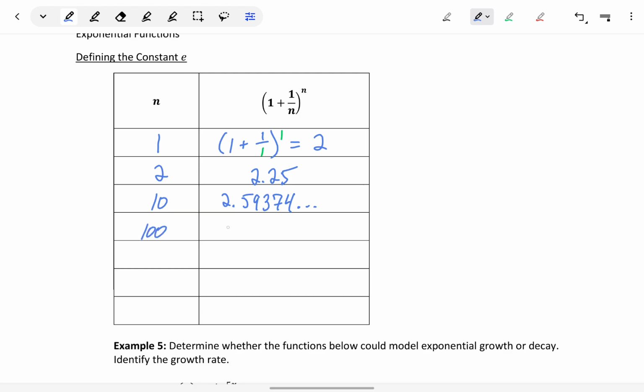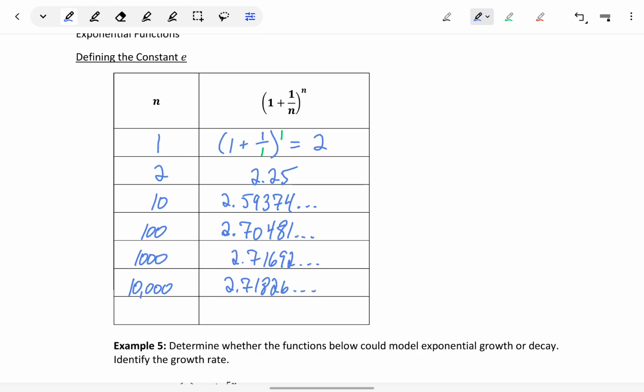If we plug in 100, we would get 2.70481 and a decimal that would just keep going. When we plug in 1,000, we would get 2.71692, and those decimal values would keep going. At 10,000, we would get 2.71826.